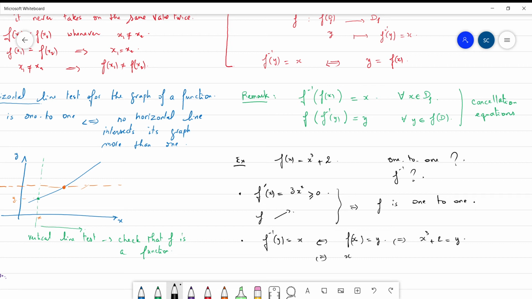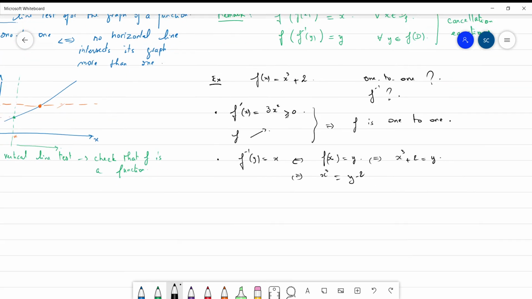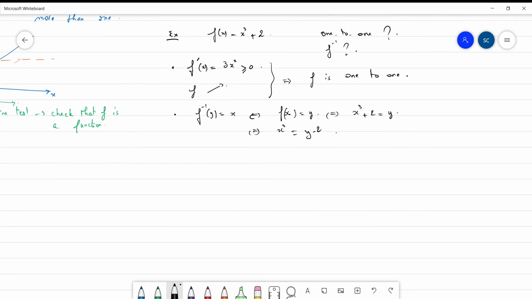I can write x cubed is y minus 2. And from here we can isolate x as the cubic root of y minus 2. There is no restriction, everything is working. So finally I have my formula, defined for any y in R. Okay, so here is a way to proceed.